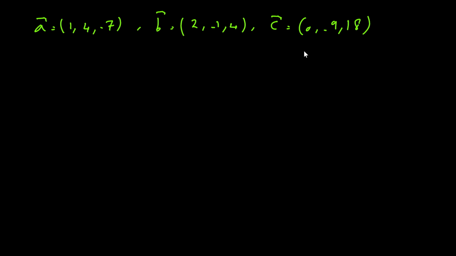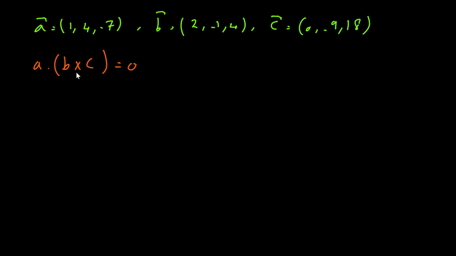When do we have the three vectors coplanar? The property is as follows. If A dot B cross C is equal to 0, the three vectors are coplanar.